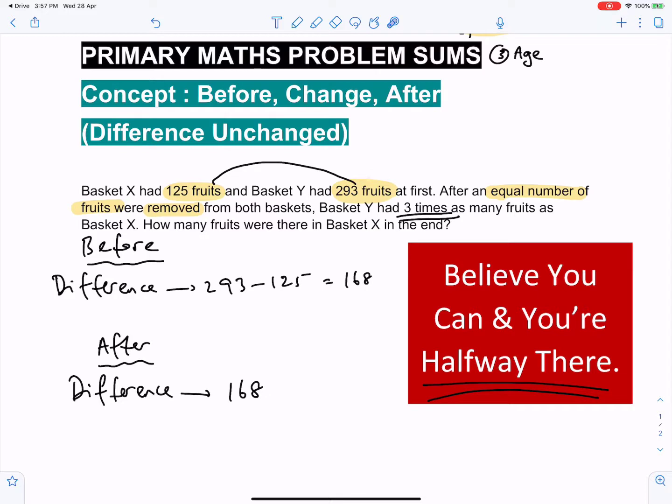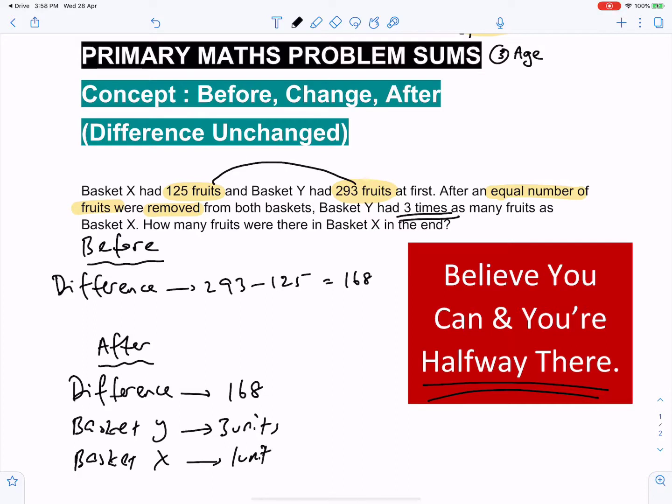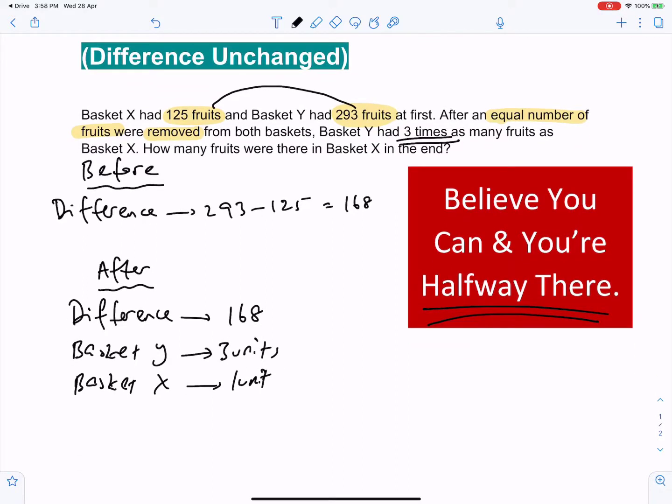Now how many units does this represent? Basket Y had 3 times as many fruits as basket X. So basket Y will be 3 units, and basket X will be 1 unit. From here, I can find the difference in units, that would be 2 units.